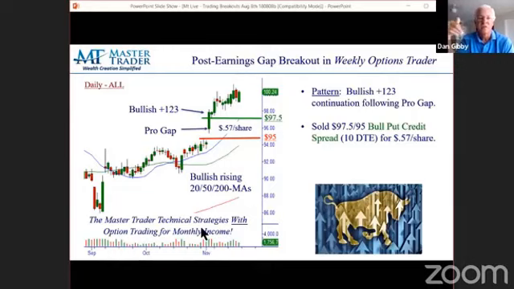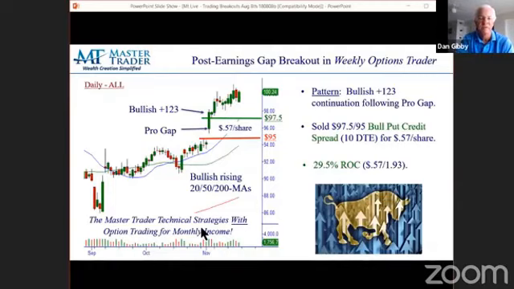What we do is we sell an out of the money put, buy a further out of the money put. We took in 57 cents a share. If you sell 10 of these, that's $570 goes into your brokerage account. As long as the stock stays above 97.5, 10 days to expiration, that's my return on capital, 29.5%.